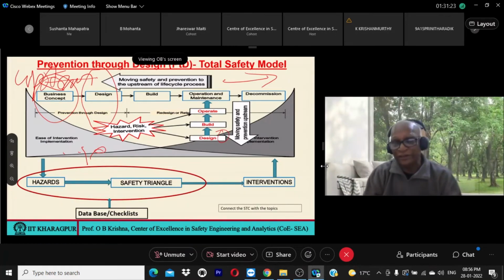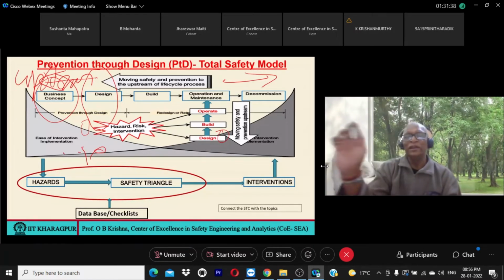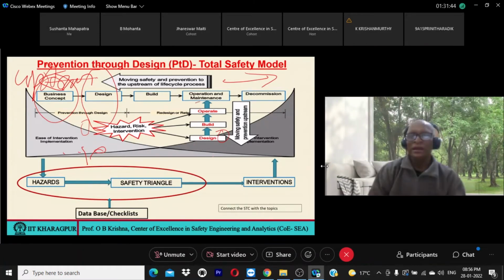Similarly, ease of intervention. If you want to put some intervention, it is very easy at the design stage. Ease of intervention becomes very, very less as you go toward the downstream. This is what redesign is.